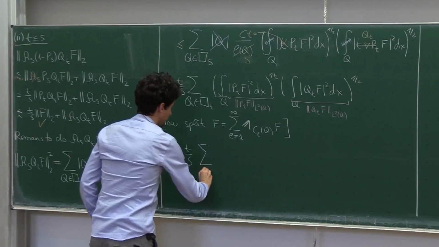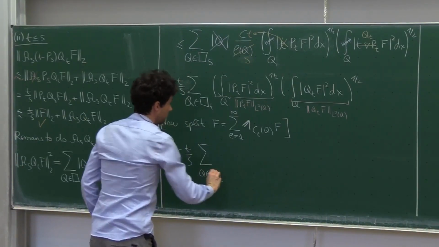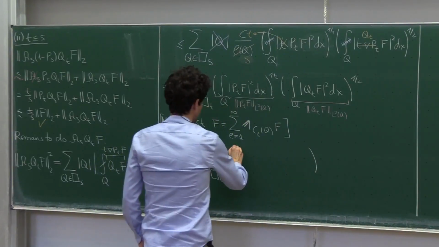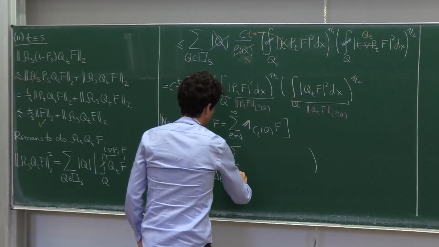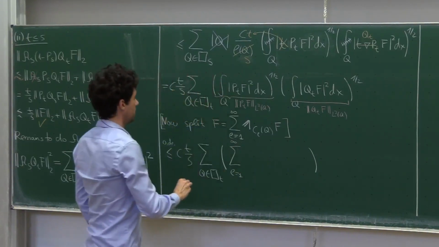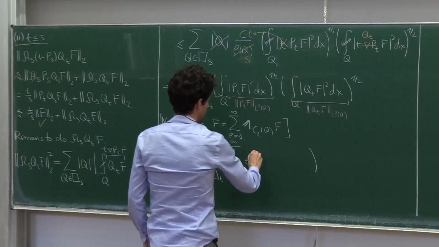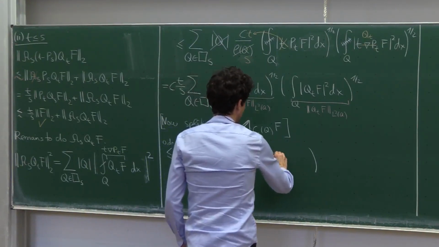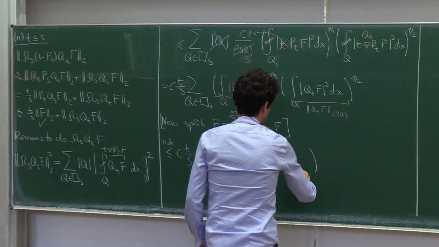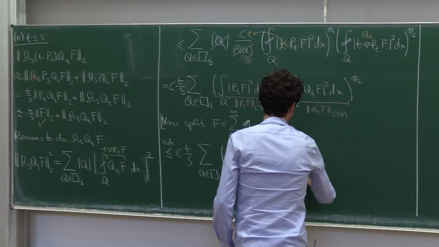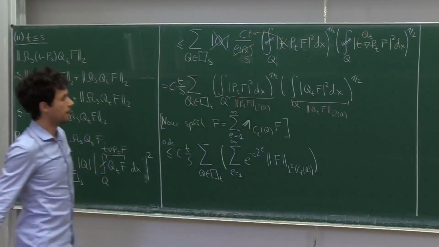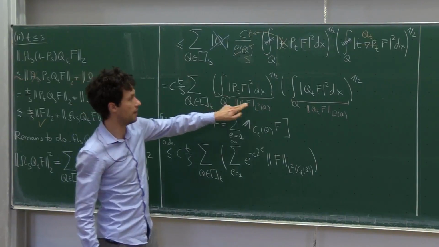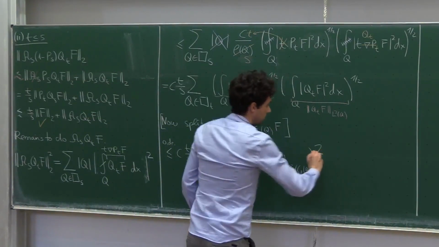It gives me the sum in all these cubes, and then it gives me the usual expression, the sum from L equal to 1 to infinity, e to the minus c 2 to the L, f in L2 on C_L Q. I would get it like this for this term, because I split the L2 norms. I have twice the same term, so I get a square here.